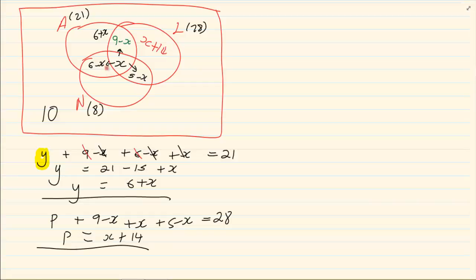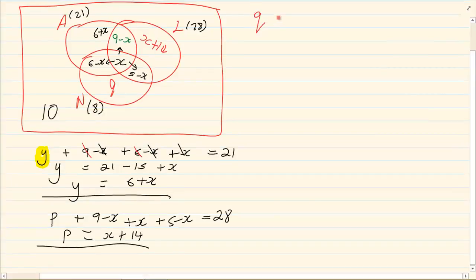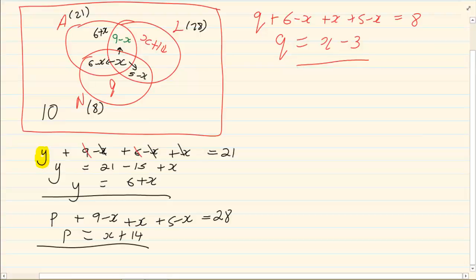Okay, if we make this q and then we take everything in this circle, we know that when we add it, it must equal 8. So what do we have? We would have q plus 6 minus x plus x plus 5 minus x is equal to 8. If you make q the subject of the formula, you're going to have q is equal to x minus 3.